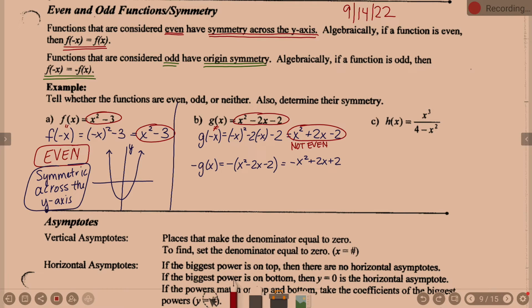No, and that is what we were really checking, wasn't it? We were trying to find out, does g of negative x equal negative g of x? And does it equal? No, so what do I know now? This is not odd. So if it's not even and it's not odd, it is neither.